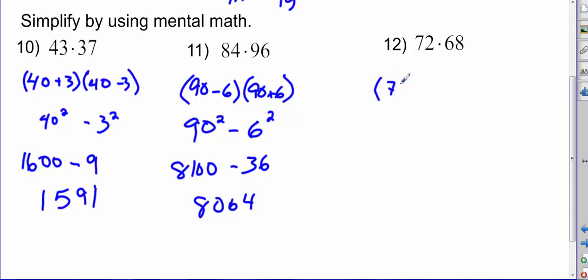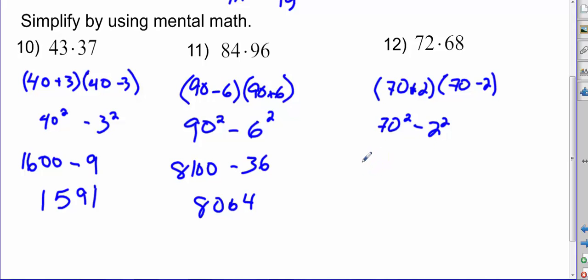Alright, so this one is basically the same as writing 70 plus 2 and 70 minus 2. On this one we're going to end up with a 70 squared, and we're going to subtract 2 squared because we have a difference of squares here.